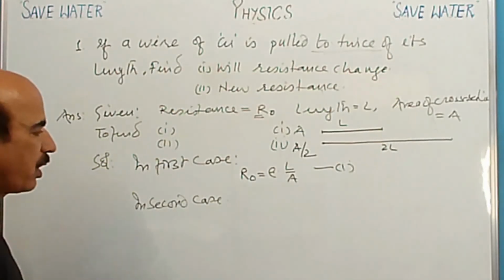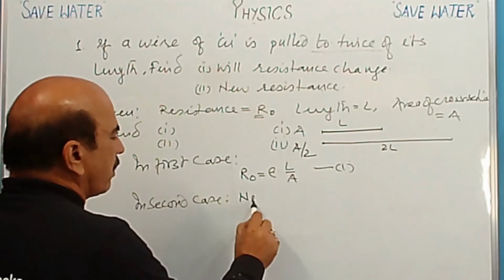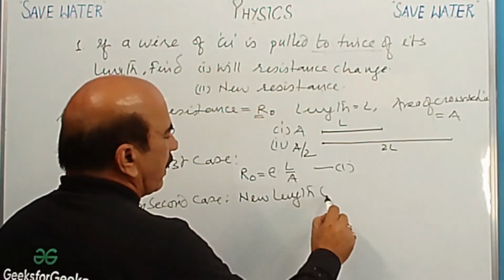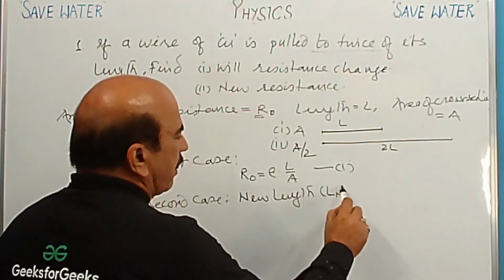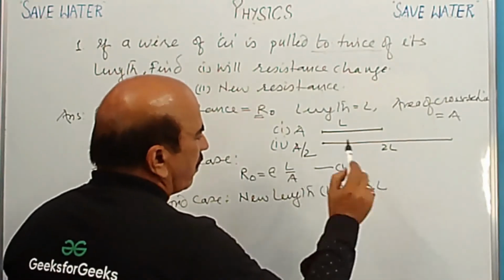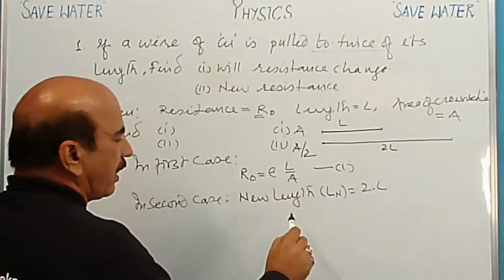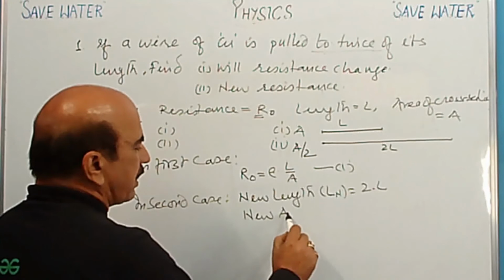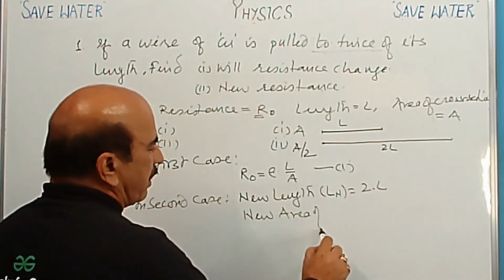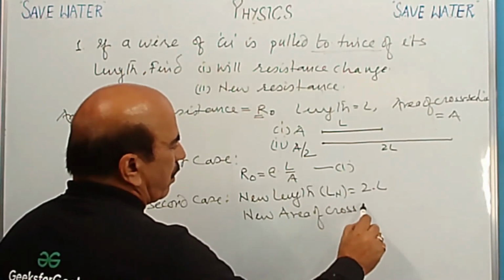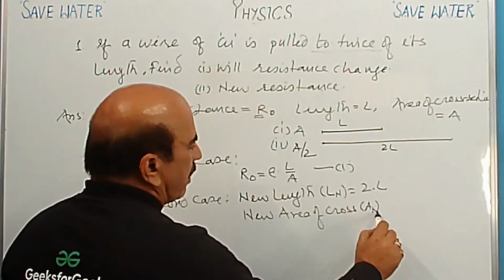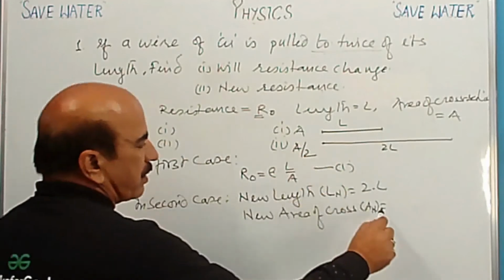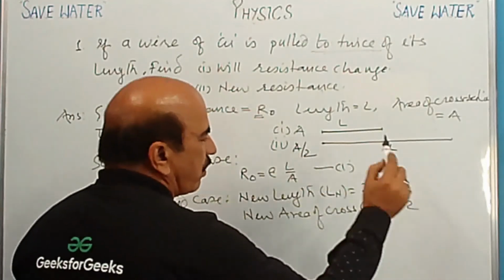Now, in the second case, what happens when it is pulled to twice its original length? What will the new length be? The new length Ln will be twice the original length, that is 2L, and the new area of cross section A will be half of the previous, so A by 2.